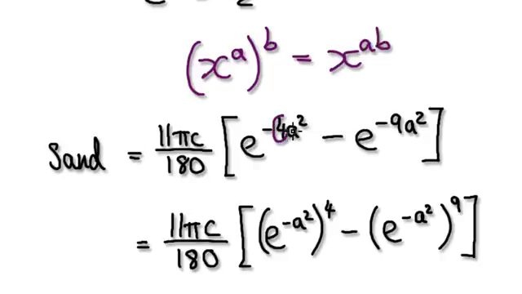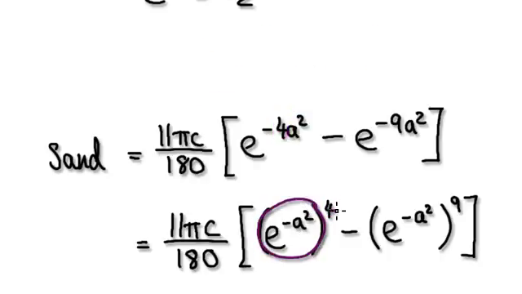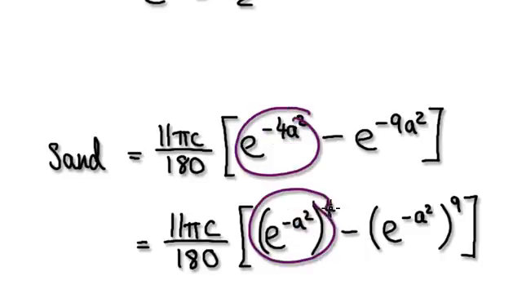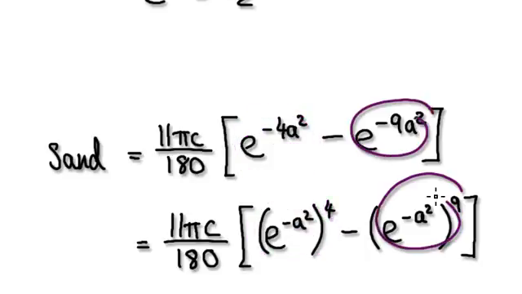So here take this 4 out. When you get this to the power of this, it's simply a matter of this multiplying with this. You can visualize this as this, and then this as this.